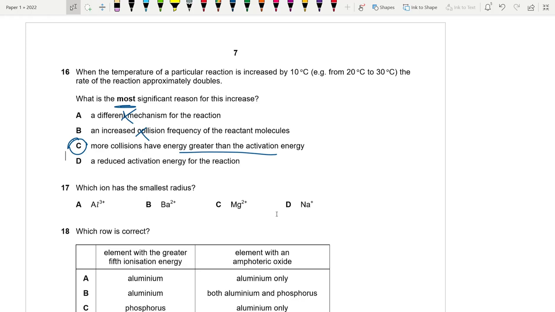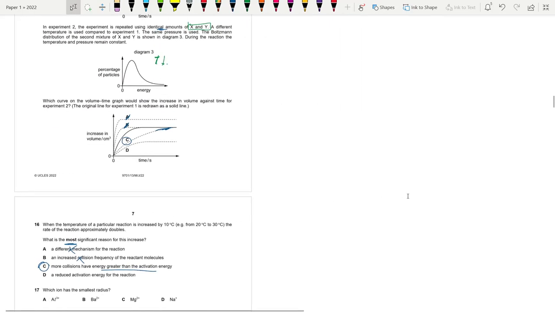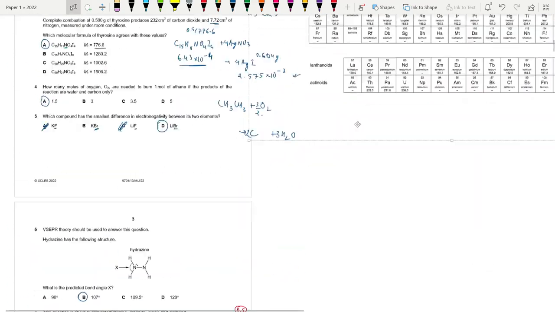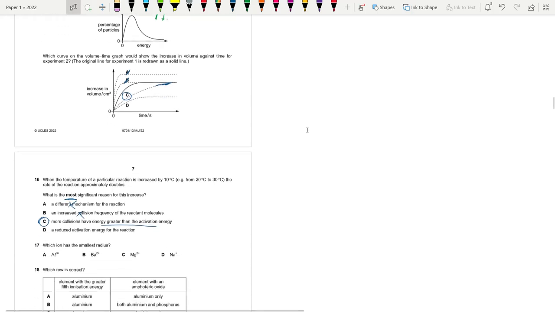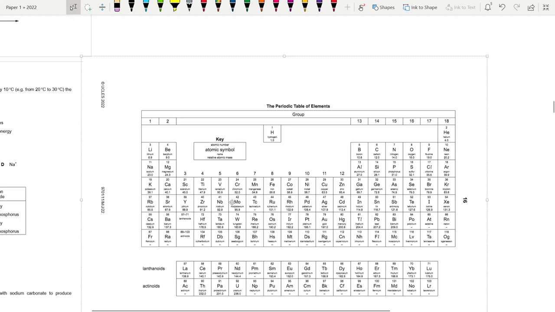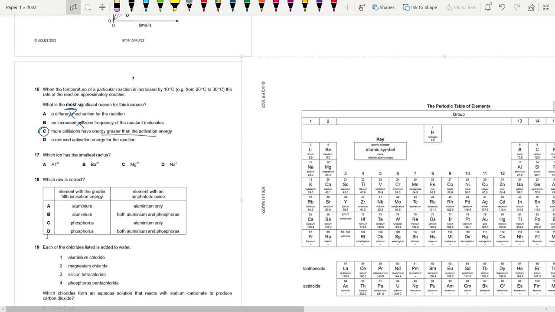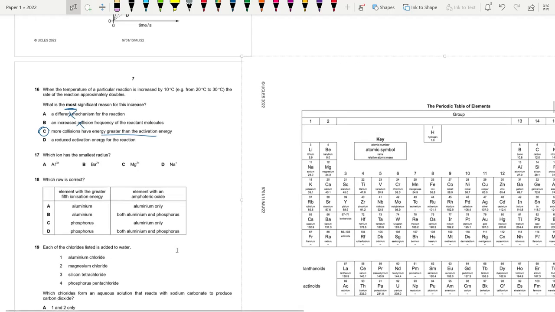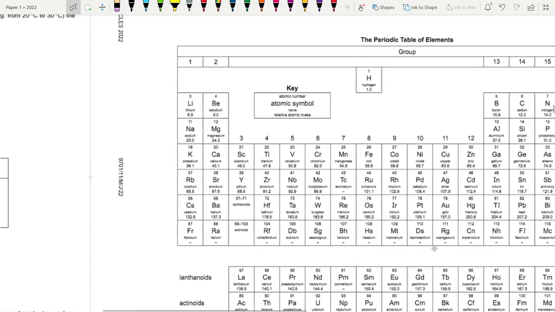Which ion has the smallest radius? So basically, if you look at the periodic table, sodium, magnesium, aluminium, and we have barium. Clearly, barium is out of the option because it's so big.